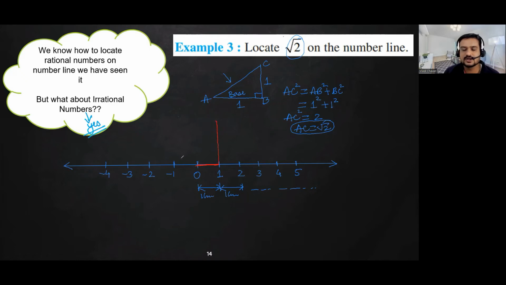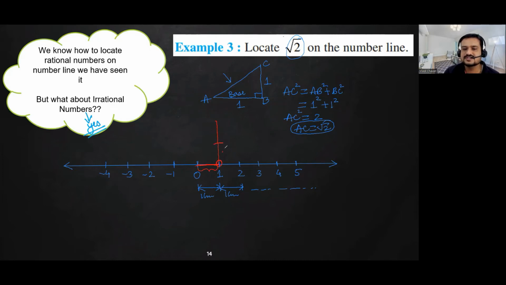You can use your protractor to measure the 90-degree angle and draw the perpendicular, or you can use the set square also. Now you will take this distance in your compass, and put the pointer at this point, and you will draw a chop here like this.